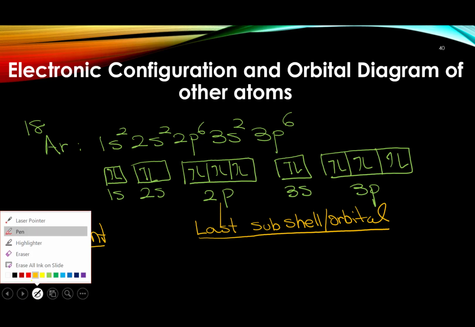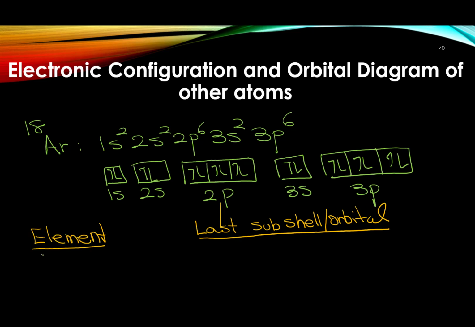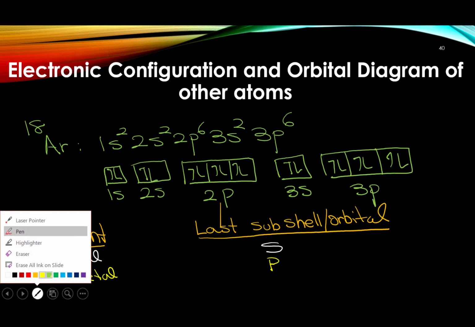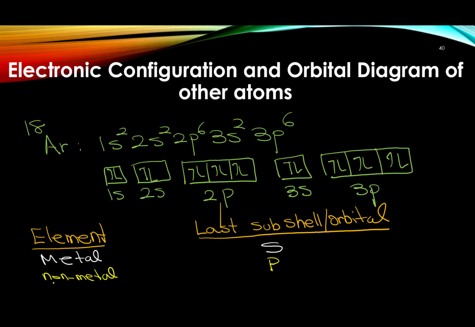If your element is a metal, the last subshell is an S. If it's a non-metal, the very last subshell is a P. If it's a transition metal, let's go green, transition metal, the very last subshell is a D.